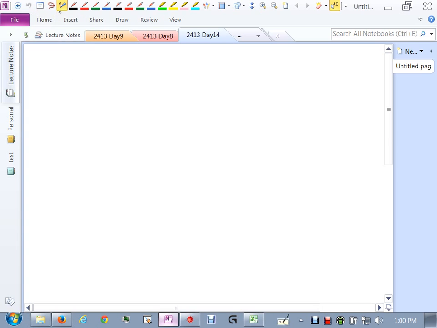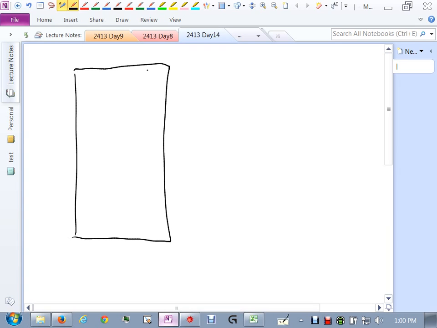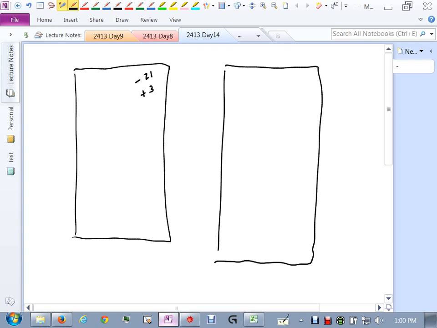All right, so when I hand these back to you, on the first page of the test, in the top right-hand corner, it'll say like minus 21, and it'll say like plus 3. And then on the second page, on the bottom right-hand corner, you'll have something like this.